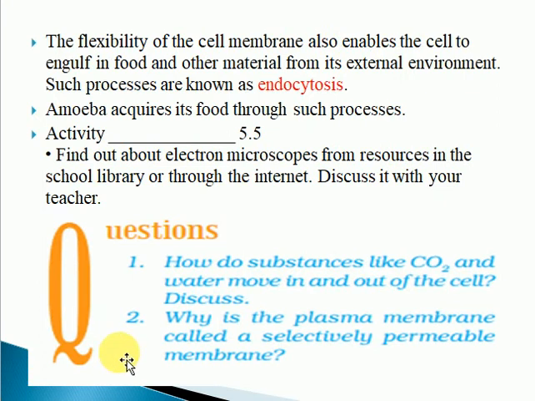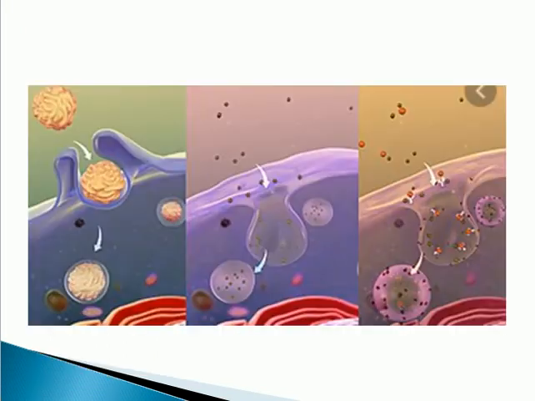The flexibility of the cell membrane also enables the cell to engulf food and other material from its external environment. Such processes are called endocytosis. See, in case of certain organisms like amoeba, the outside food is taken in through the surface of the cell, pseudopodia are formed, and it is possible because the membrane is flexible.